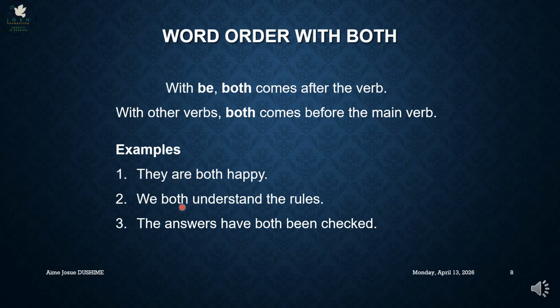When we have other verbs which are not verb to be, we have both first, then that verb. And the same with all. We have all, then the verb. We all understand the rules. We both understand the rules. They are both happy. They are all happy. The difference is that when you say both, we mean two people or two things. The answers have both been checked.